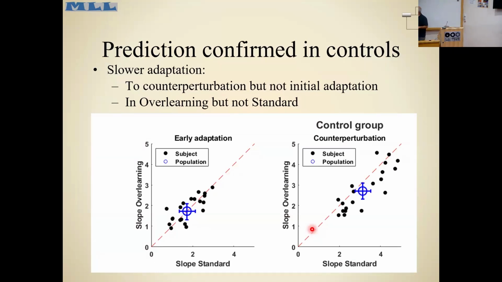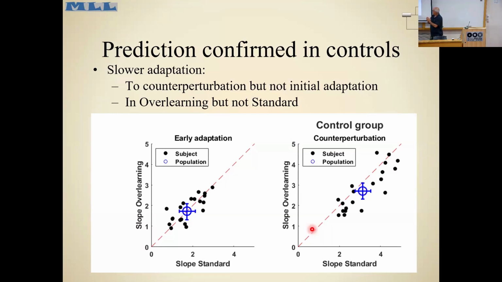Here in the control group, you can see that in early adaptation, the overlearning and the standard are at the same pace. Each dot here is a particular person doing the task, and this is their adaptation rate, like how fast they're learning. They learn more or less at the same rate in the two tests, which makes sense because the two tests are identical in the initial learning.